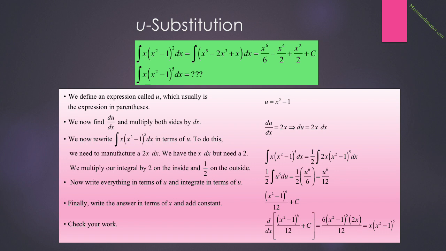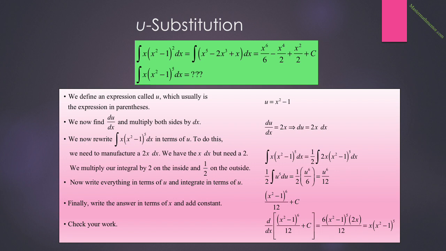So when we integrate this expression, we get 1/2 u to the sixth over 6, which is u to the sixth over 12. Finally, we have to change everything back to x. So we will do so and add on our constant, and our final answer is quantity x squared minus 1 to the sixth power over 12 plus c.